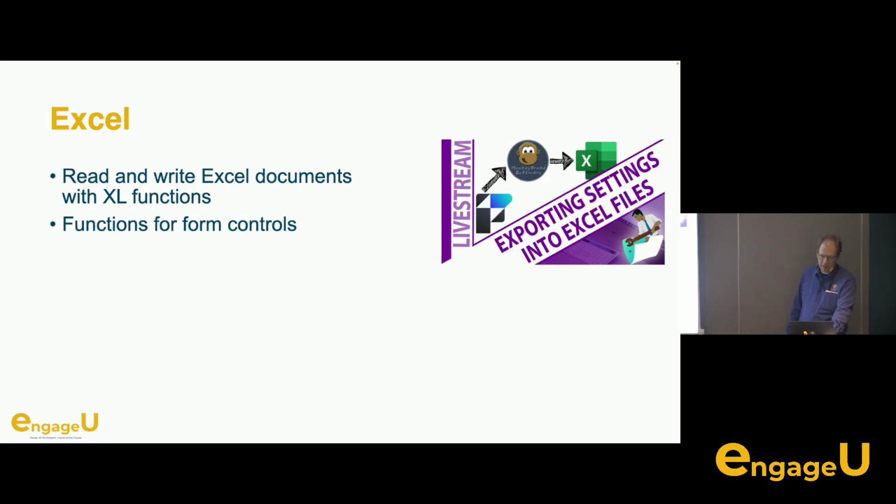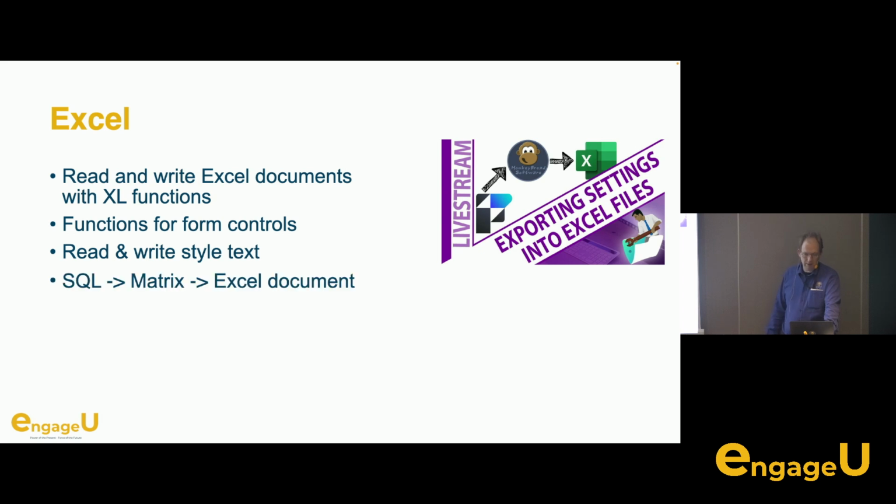So you can control form fields in Excel. We can convert style text to and from Excel. So users can put text with styles in a field, and we can put that in the Excel cell. We can make queries with SQL in the FileMaker database, get some records, put them in a matrix object, and then send this directly to the Excel document.